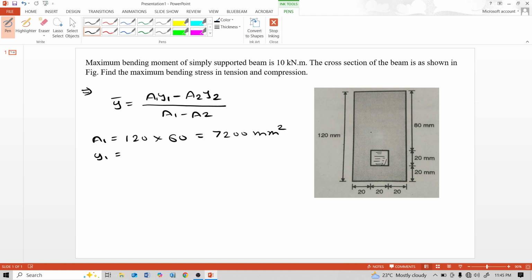Y1 is the centroid of this full rectangle, 120 upon 2, which means 60 mm. A2 is the area of this hollow square. See, this side is 20 mm and this side is 20 mm. 20 multiplied by 20, 400 mm square is A2.